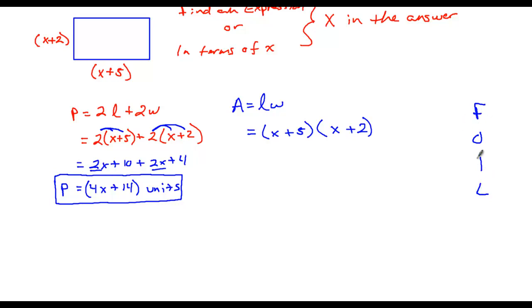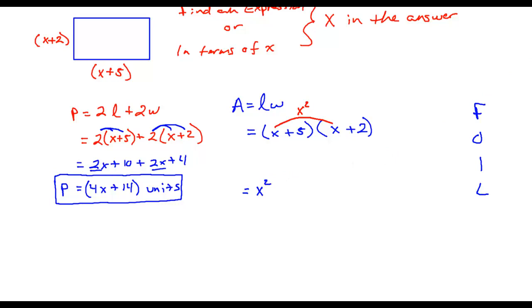So the way FOIL works is I'll start with the first. So I'm going to take the first thing in each set of parentheses. So the first thing are the x's. So I'm going to do x times x. And that's going to give me x squared. So I'm going to go ahead and write that down. X squared.